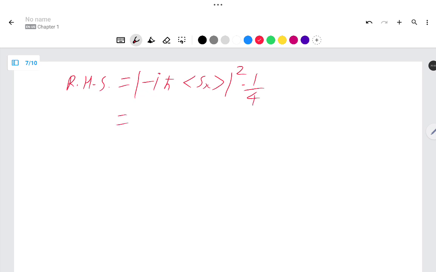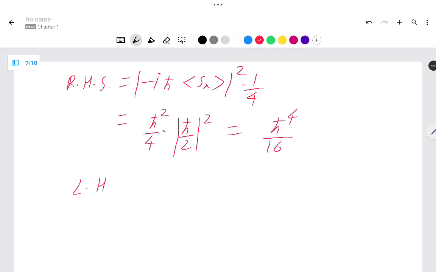The average value of Sx will be h bar by 2, squared, by 4, which gives h to the fourth by 16.